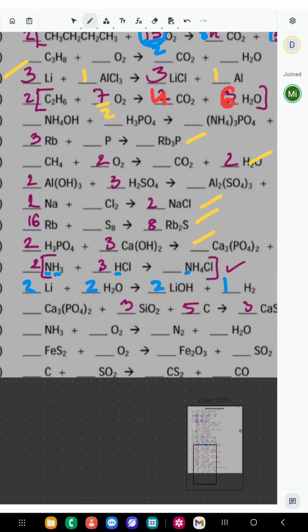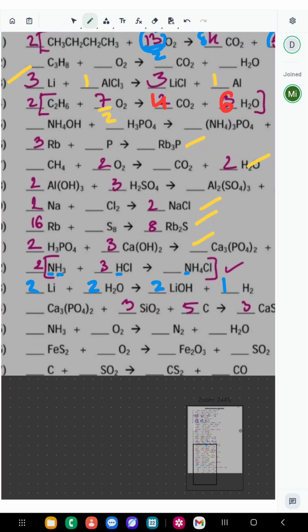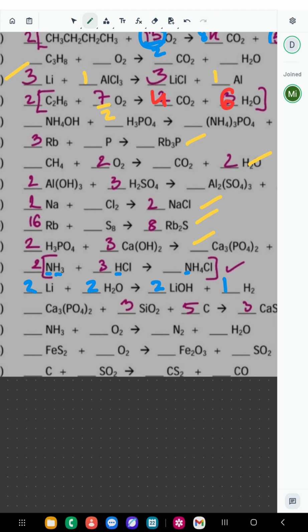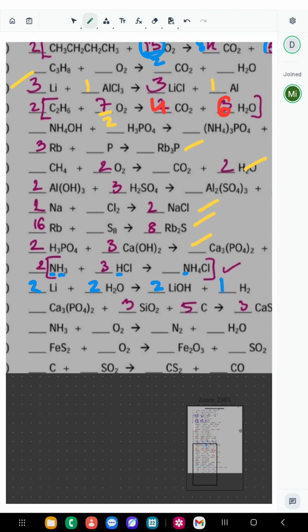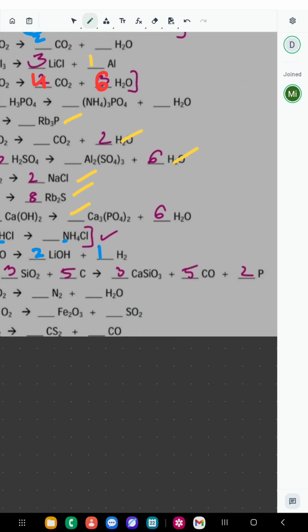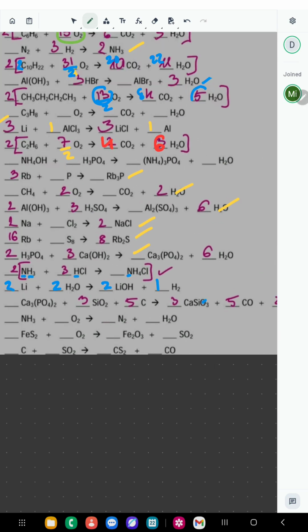No, you start with hydrogen. You have 3 on the right, but you only have 2 on the left. So you make it 4 because you cannot write 3. You need to divide 3 over 2. So that is 2. This one is correct.